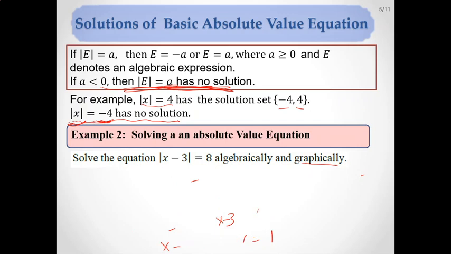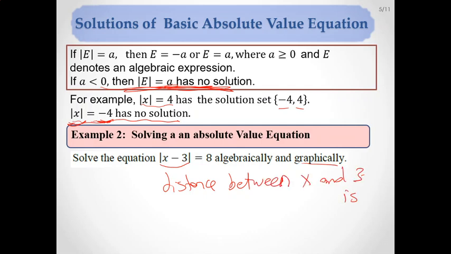And graphically, what does this mean? This means the distance between x and 3 is 8. So you have 3 here, and you want to take an x value whose distance from 3 is 8.